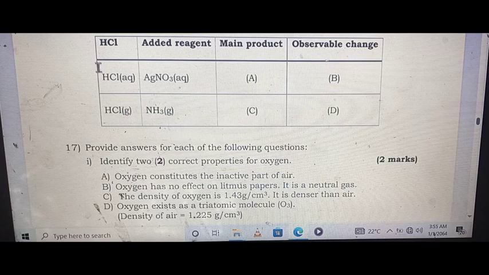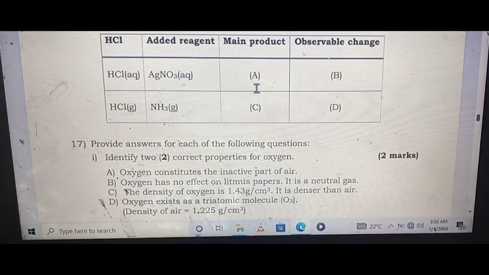Let's start. Hydrochloric acid reacts with silver nitrate to form the main product, silver chloride. Observable change is white precipitate formed.